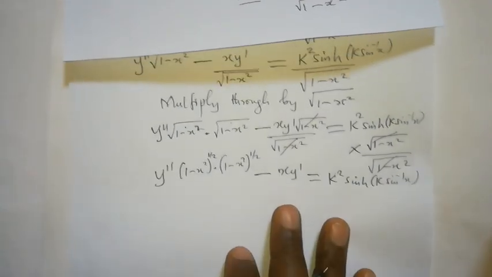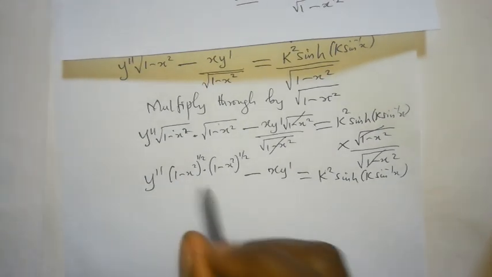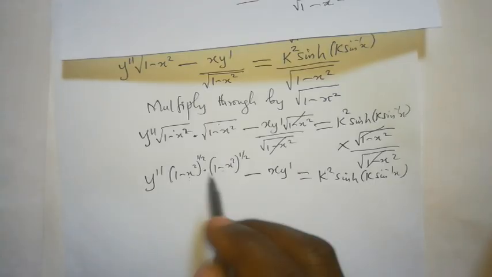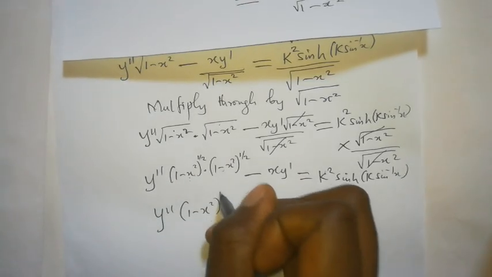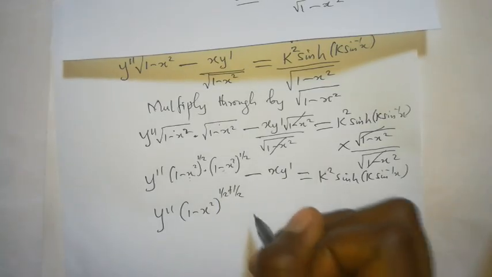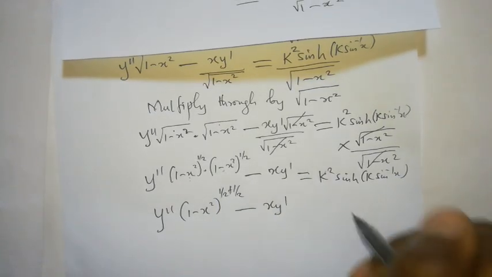So in that case, if you take the LCM of this, it is going to be y prime prime, 1 minus x squared to the power of a half plus a half, minus x y prime.